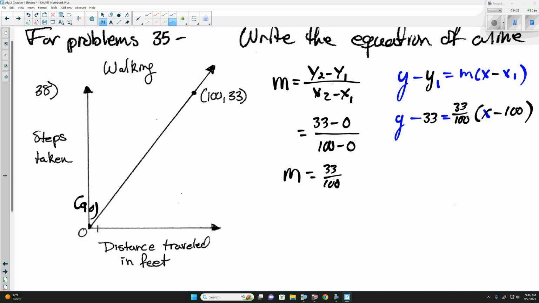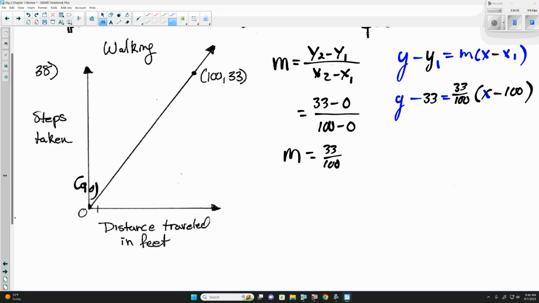Now we solve. We get y by itself. So the first thing I'm going to do is multiply by the slope first. 33 over 100 times x is, well, 33 over 100x. It mostly just gets stuck next to it.